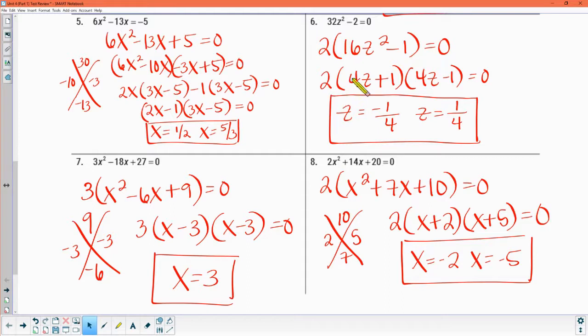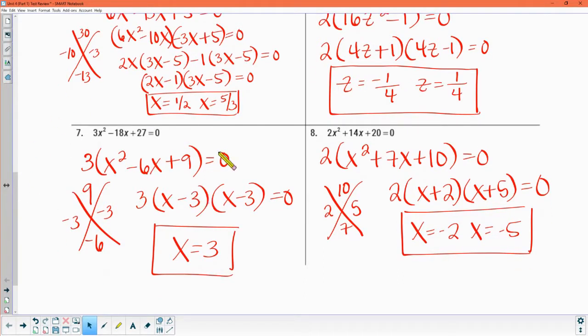So I get 2 times 4z plus 1 times 4z minus 1. And if there is no variable with your GCF, it's not going to give you a solution. So you don't have to set it equal to 0. So the only two answers I have are z equals -1/4 and z equals 1/4.